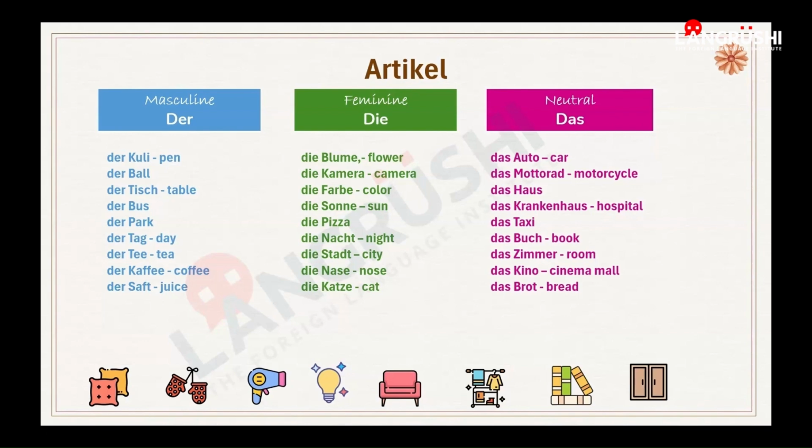Now let us look at these lists. Now, let us look at masculine. Der Kuli, der Ball, der Tisch, which means table, der Bus, der Park, der Tag, der Tee, der Kaffee, der Saft. Now, you can't just imagine that tea must be masculine or coffee must be masculine, juice must be masculine.